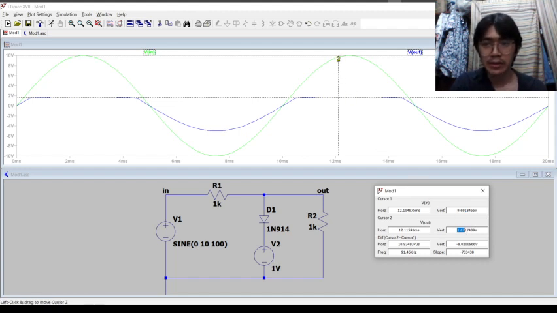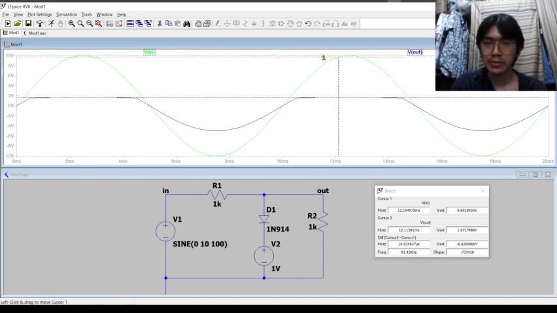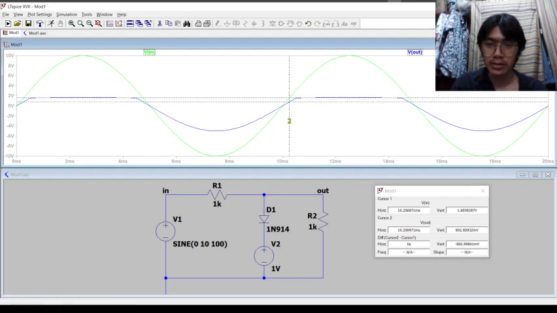And what will happen if the value is less than 1.7? It will just follow the voltage divider principle.